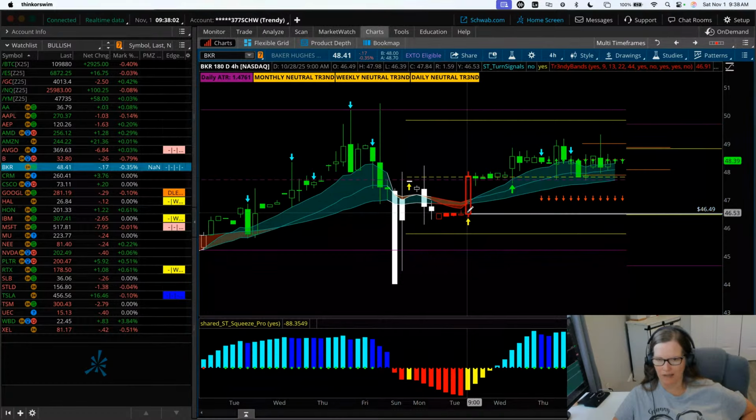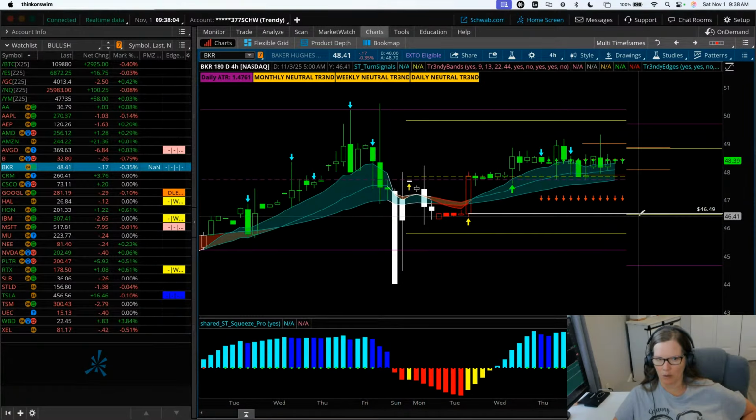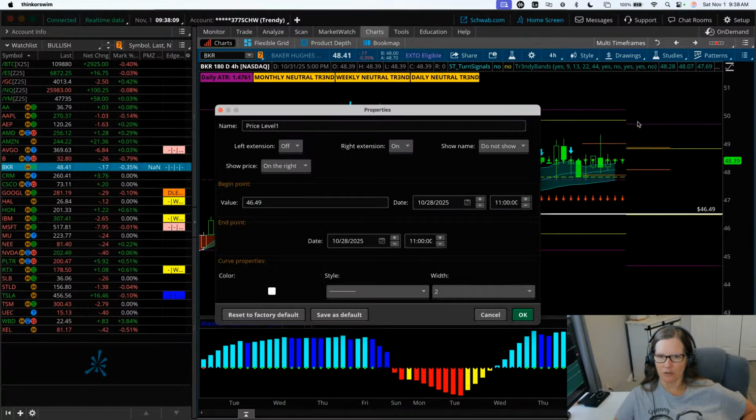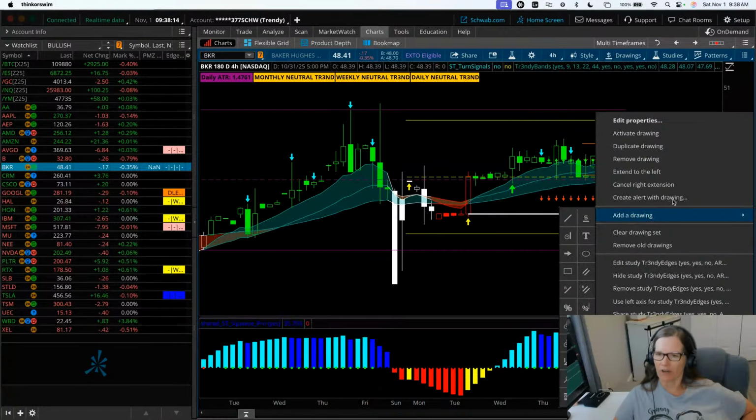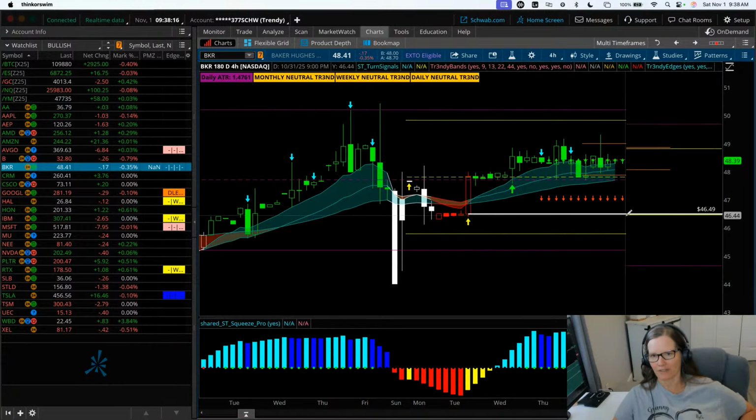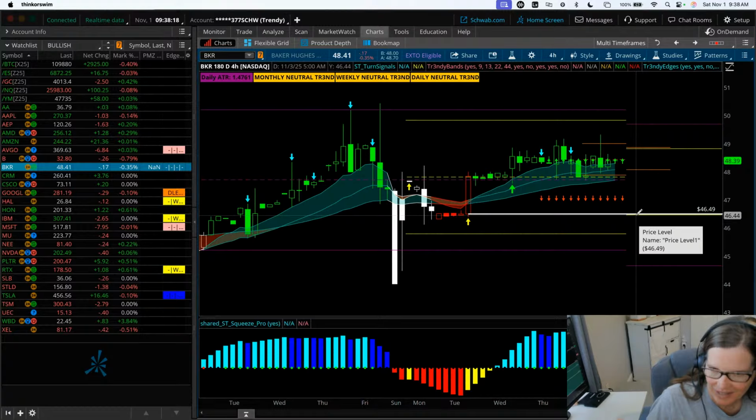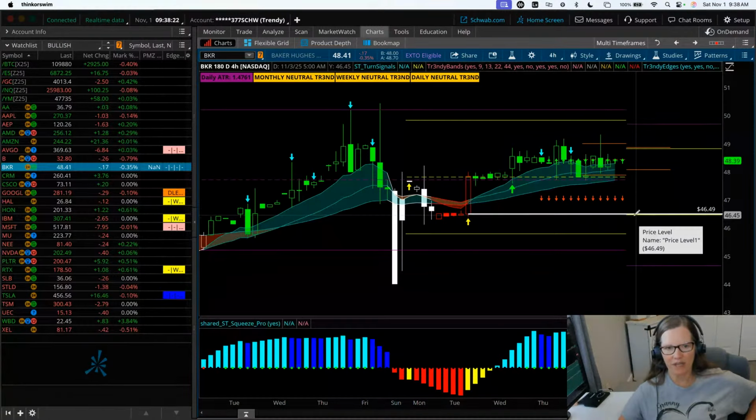See how well that lines up with my lower weekly edge? I can simply not even manually draw this. Right now, because this is next week's lower weekly edge, it's not going to show me the width of it.